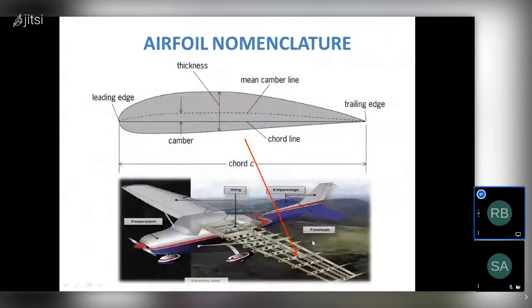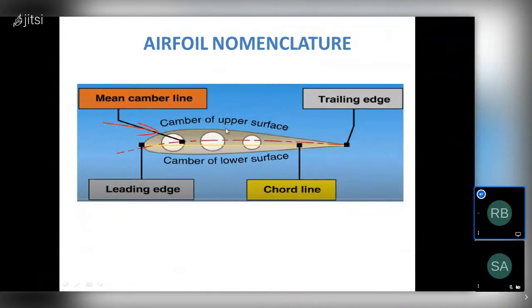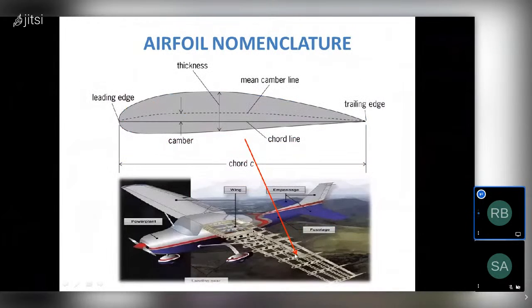So here we have the aerofoil nomenclatures: the camber of the upper surface and the camber of the lower surface. Here we can see the upper surface and lower surface. Why do we have the cut section? Just to take out the unwanted parts, because we have to consider the weight component, right?